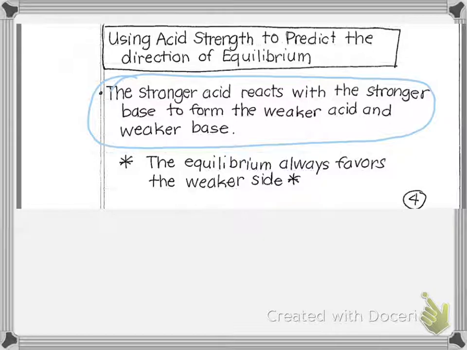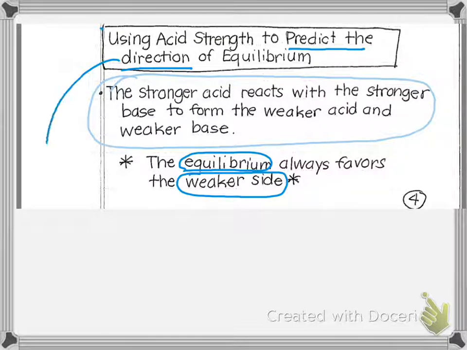To break that down even further, where will the equilibrium be? The equilibrium will favor or lie on the weaker side. So in order to predict the direction of the equilibrium, we have to decide which side of our reaction is the weaker side.